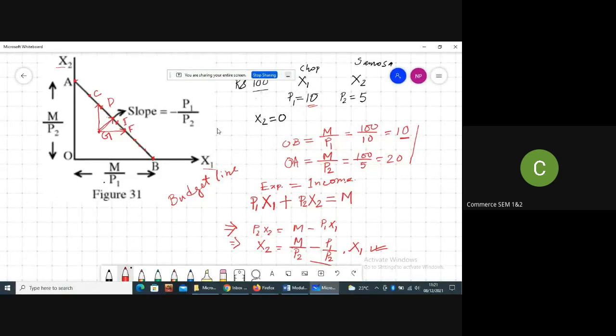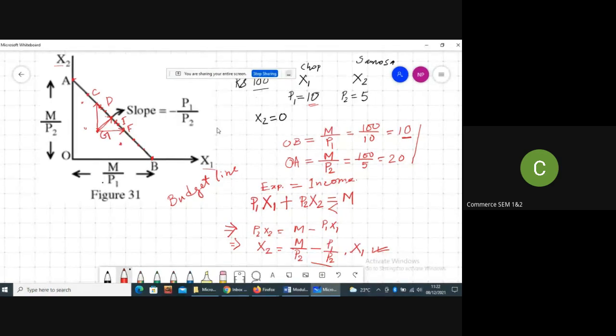Unless you move up to the budget line, your expenditure will be less than your money income. So some amount of money will be left with you. You are not spending your entire income. So any rational consumer will not consume at any point inside the budget line. He or she will always consume at a point on the budget line.